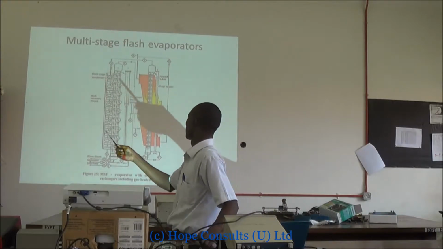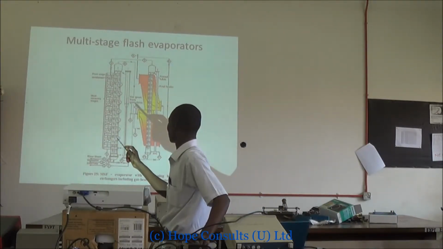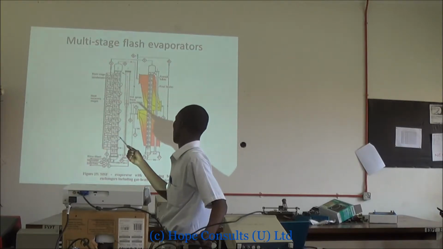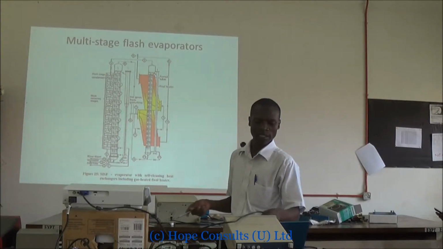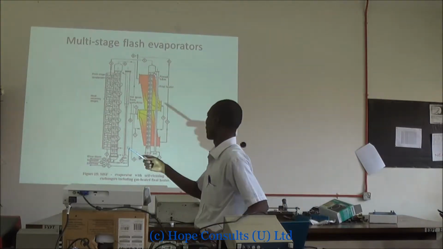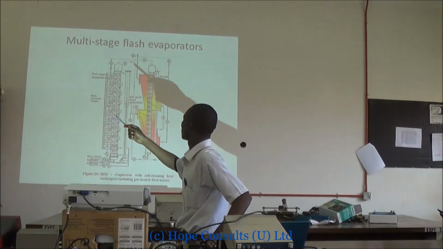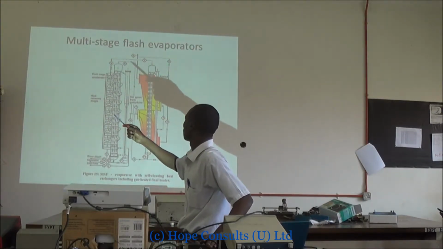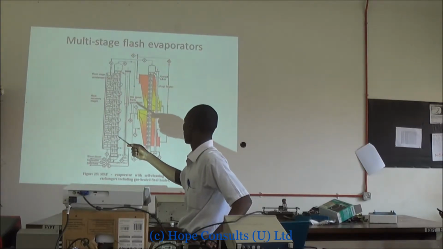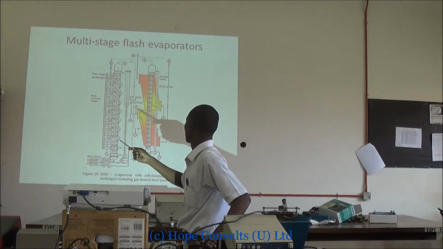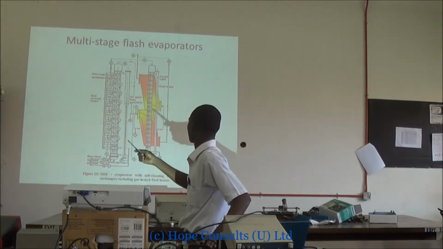So at the end, we also have hot gases that come from the gas turbine. Because I told you that unlike the first three, a multi-stage flash evaporator uses gas turbines. So you find that from this point, the product from here flows down through the gas turbines, and there is this point here.